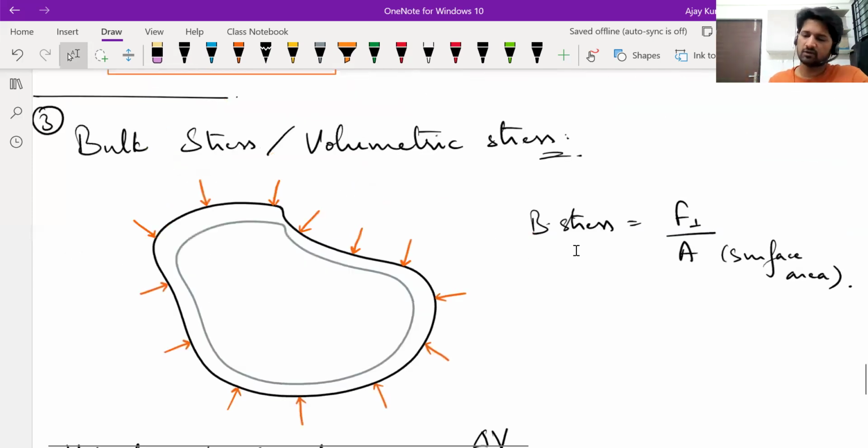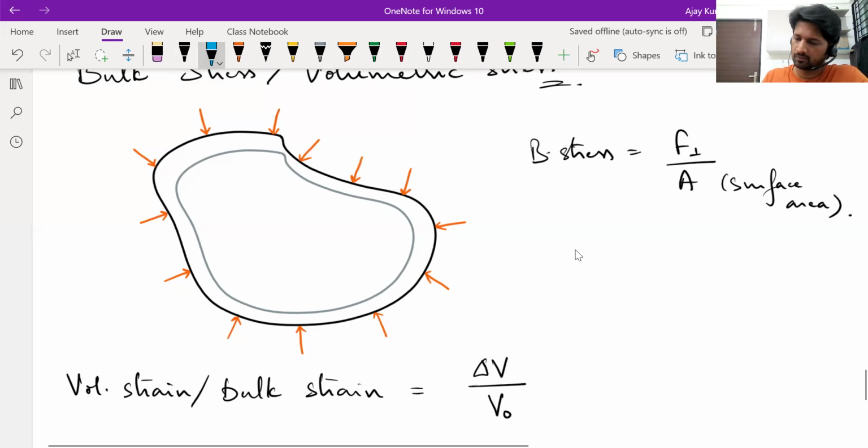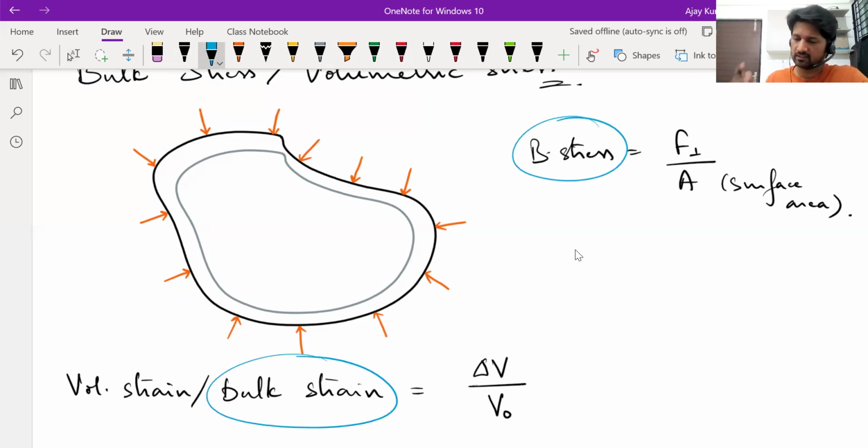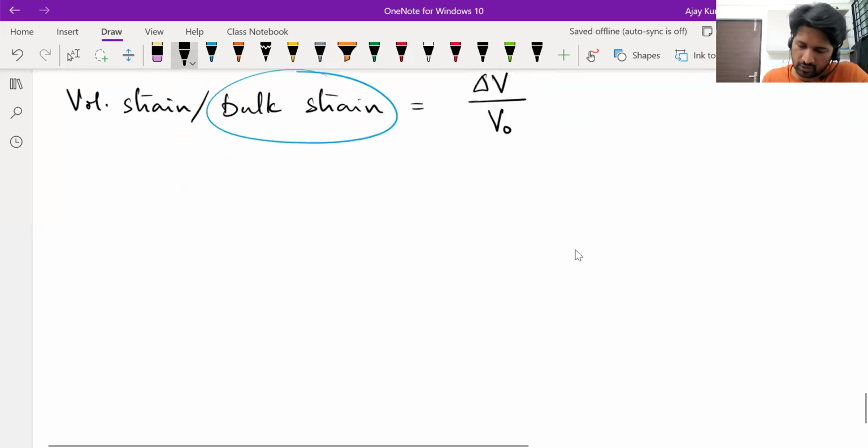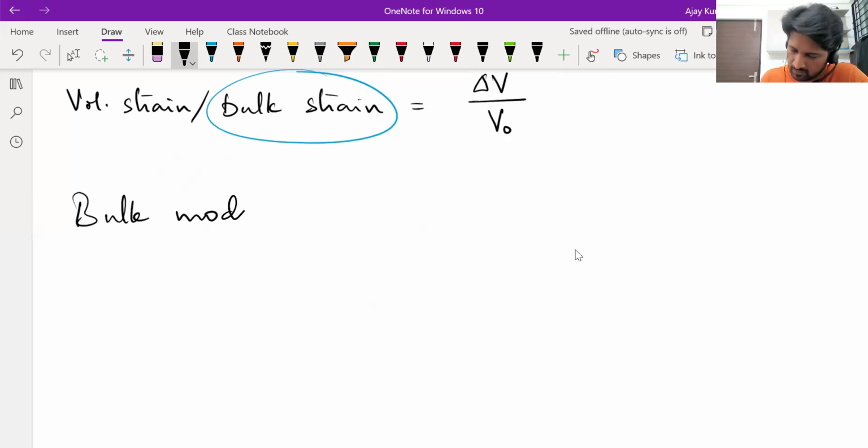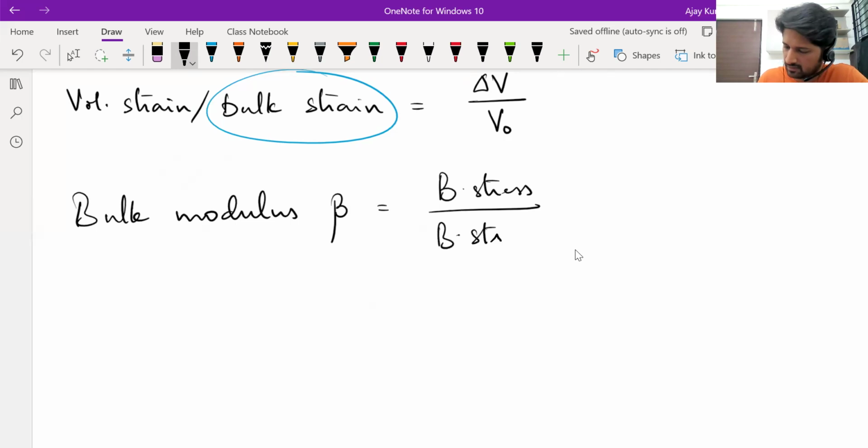The proportionality constant between bulk stress and bulk strain is called bulk modulus, denoted by the symbol beta. Bulk stress divided by bulk strain. How is bulk stress calculated? Perpendicular force acting per unit area, but this is surface area, I'm reminding you again.